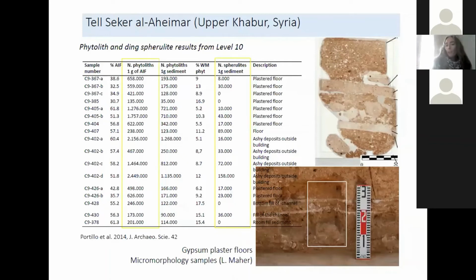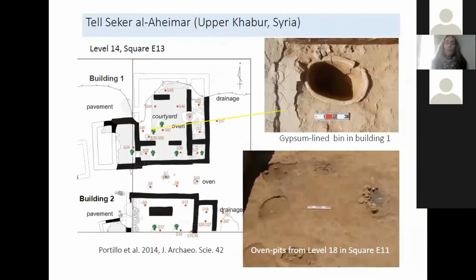But with the phytoliths, we were able to see accumulations of plant remains, particularly grasses and cereals, inside the buildings, in storage areas and food producing spaces. And this is an example of a gypsum lined bin in one of these buildings. You can see here the gypsum plaster, where the phytoliths were retained, even if the buildings were swept and cleaned regularly.